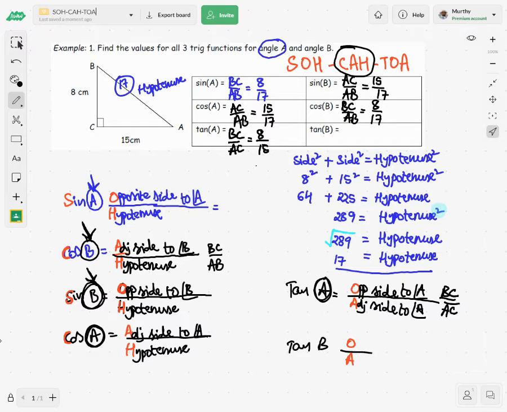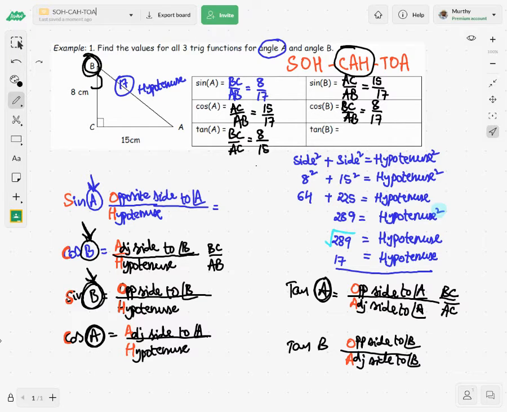Next, tan B, that is opposite side to angle B over adjacent side to angle B. So I'm taking B. What is the opposite side? The opposite side is AC. This is the opposite side to angle B, and next what is the adjacent side?